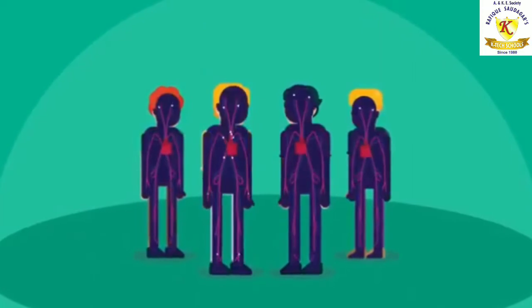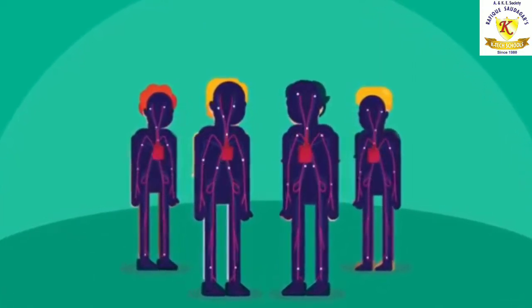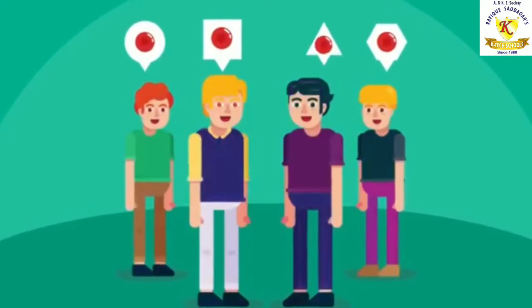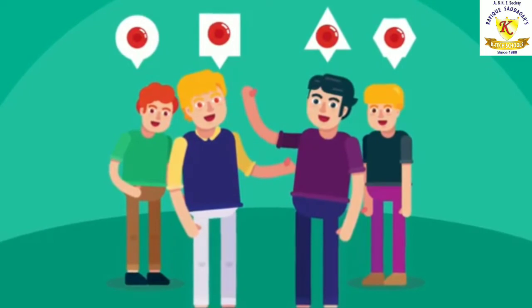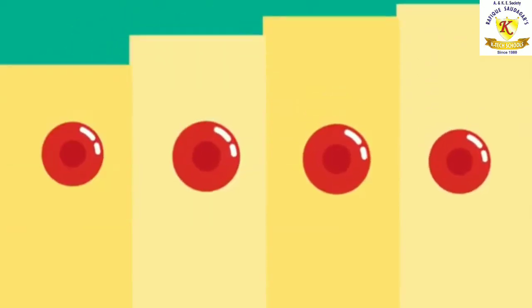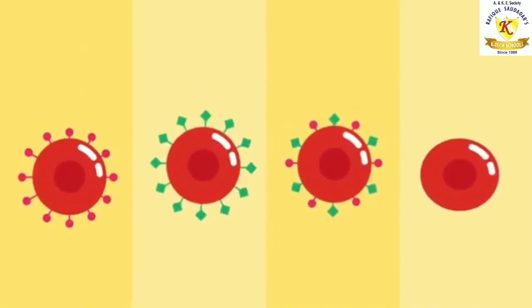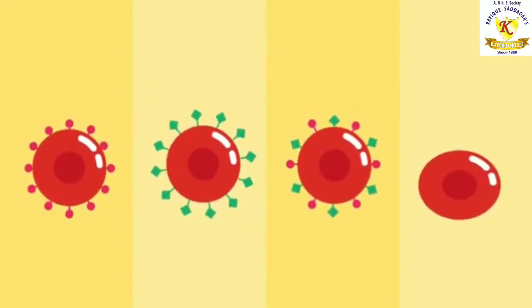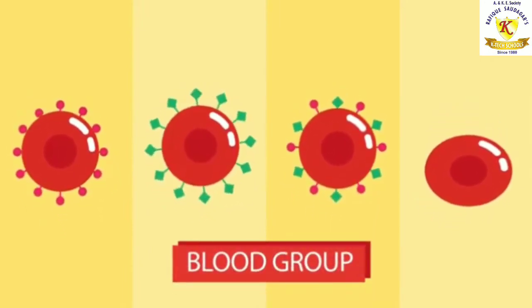It is the mechanism in the bodies of living organisms which can differentiate one individual from another by the presence or absence of specific antigens in the blood. This system is called blood group.